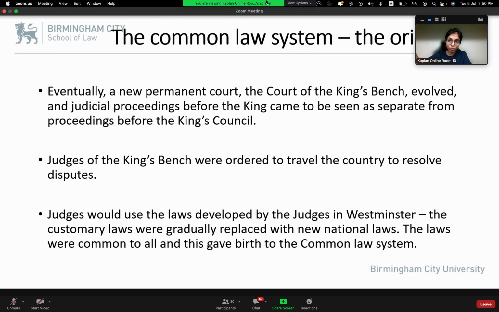Judges were asked to be stationed at Westminster. You know the Westminster building that we have in London, the Westminster Parliament. So judges were stationed there, and these judges would develop new laws. How do they develop new laws? They would talk to each other and come up with laws. Do you know that the practice still exists? If you were to do your bar course in England, in one of your courses, you have to dine with judges.